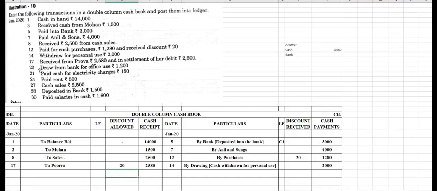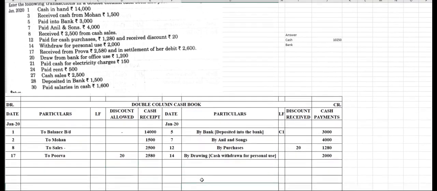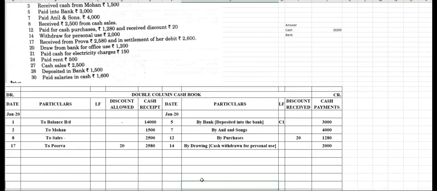Next, on 20th, drawn from bank for office use. See, they have specified here that from the bank the amount is drawn. That means for office use, cash is coming on 20th. How much? 1200. From where? From bank.